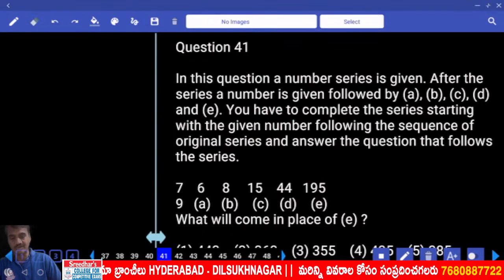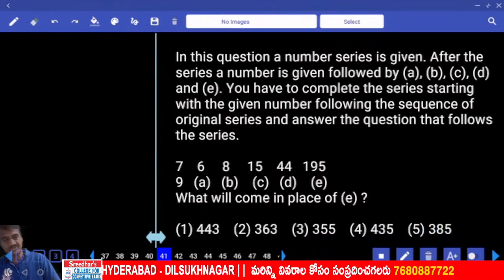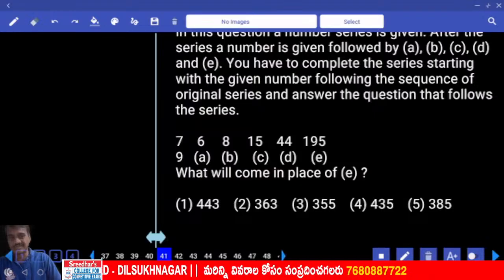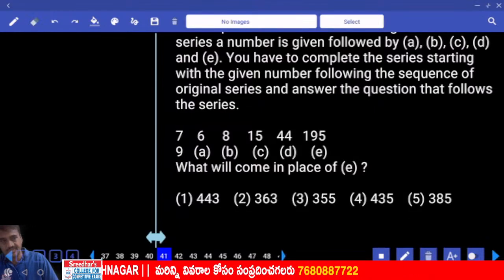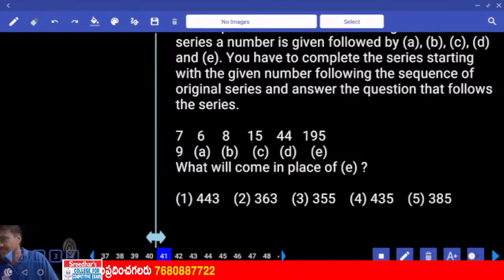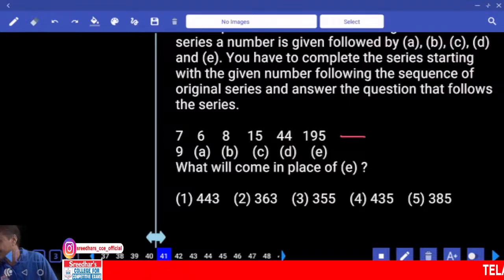In these parallel rows, a number series is given. After that series a number is given followed by A, B, C, D and E. Now you have to complete the series starting with the given number, following the sequence, and answer the questions that follow. Now let's start. First you need to identify the logic in the first series. The same logic you need to apply to the second one, starting with the first number given in the second one.